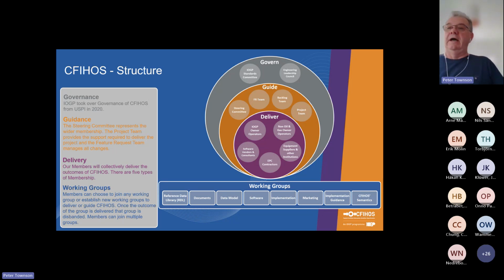They're looking at how CFIHOS can be used to support semantics, and is there anything that we need to change within CFIHOS to make sure that we're supporting semantics, and obviously the work that's going on with the OBI and the IDO group, developing the latest ISO standard on industrial-based ontologies. So that's a little bit about how we're structured.